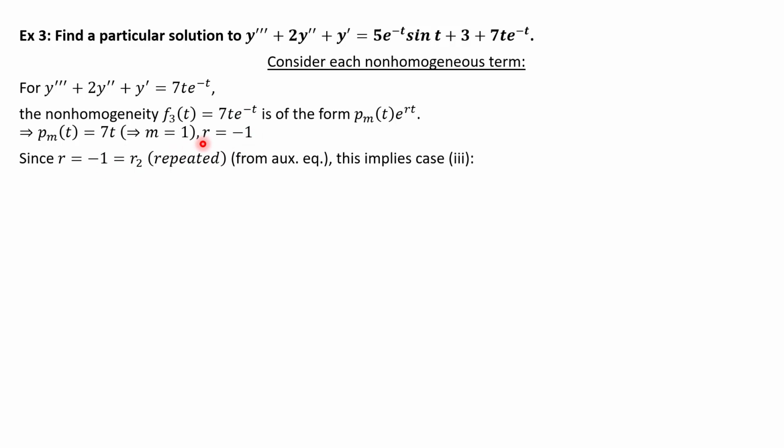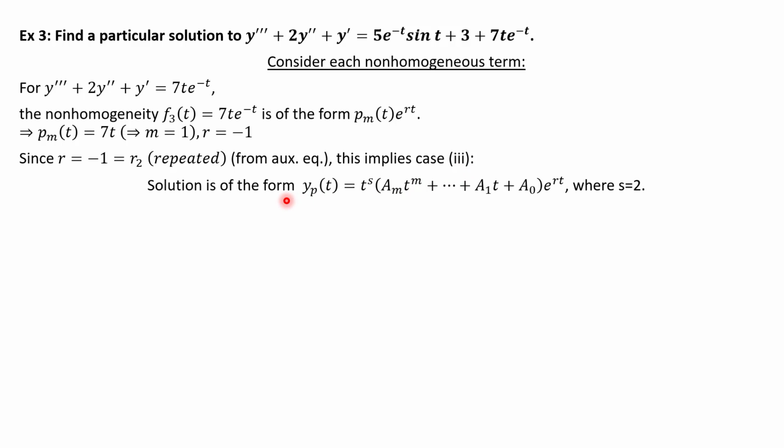Okay, now this root from our non-homogeneous term matches with one of the roots from our auxiliary equation, but it matches with the repeated root, the one that we had twice from our auxiliary equation. And because that's repeated and it matches, that's why we're going to pick case 3. So case 3, we have this format for our answer, but s is 2 in case 3.